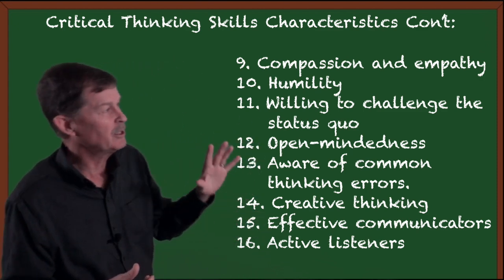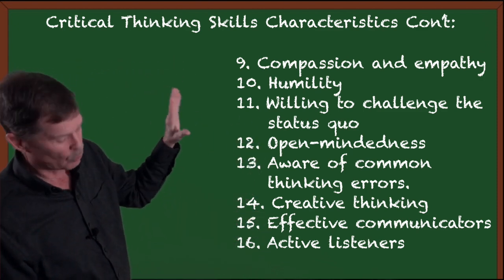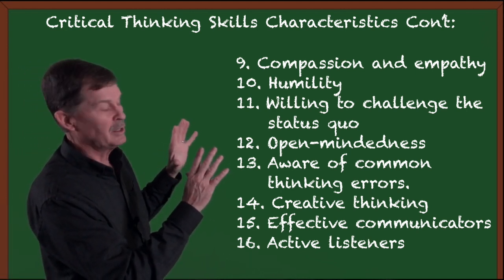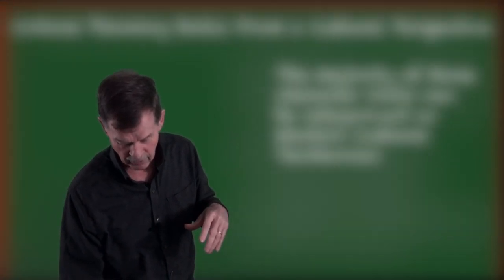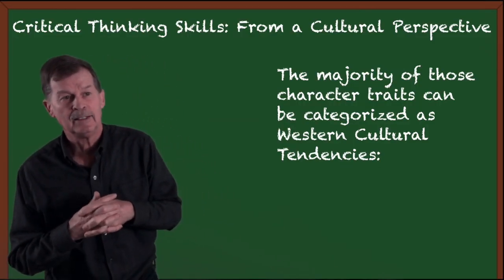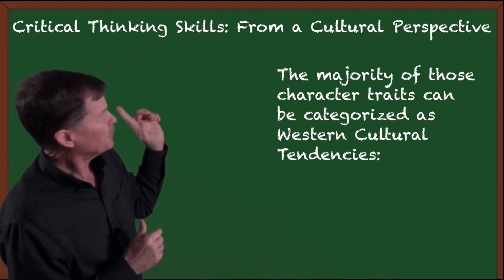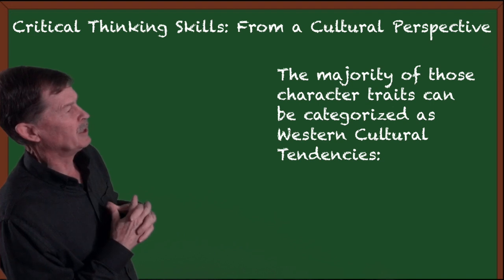So these are the characteristics that go along with the skills, which would take a lot of work to develop within a student body. Critical thinking skills from a cultural perspective.